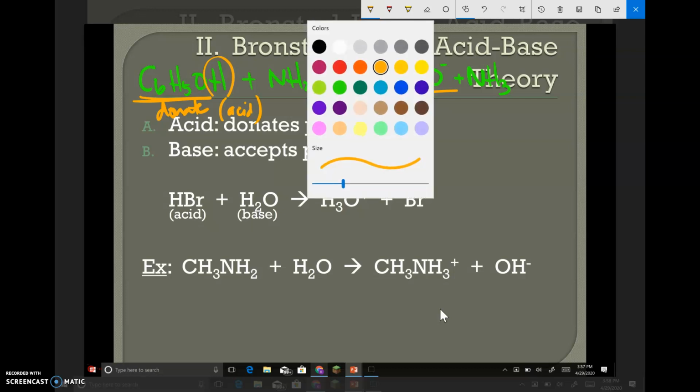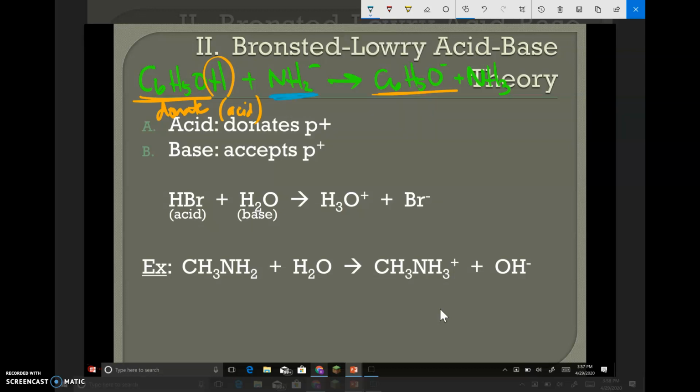And then this NH2 with a negative charge, we're going to compare it to the ammonia on the product side. Notice that the difference is that we've gained a hydrogen or accepted a hydrogen. So remember, if we had accepted one, then this becomes the base. So in this scenario, our C6H5OH is the acid and the NH2 negative is the base.